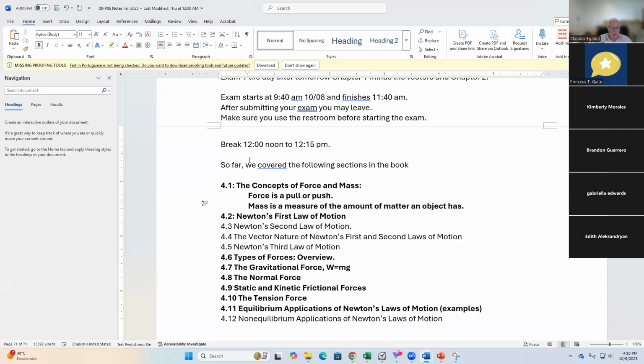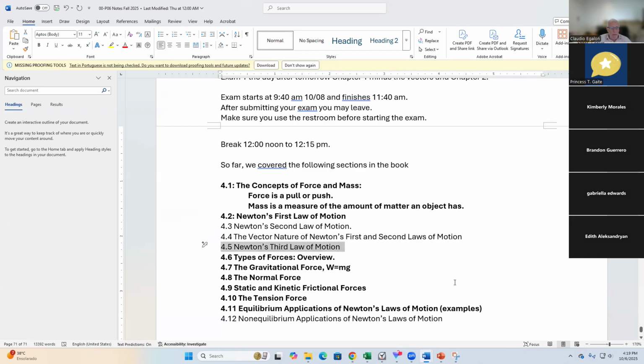That's the difference between one and the other. We covered Newton's first law of motion. We are going to start Newton's second law of motion. We already covered the vector nature of Newton's first law. Now we are going to cover the vector nature of Newton's second law of motion.